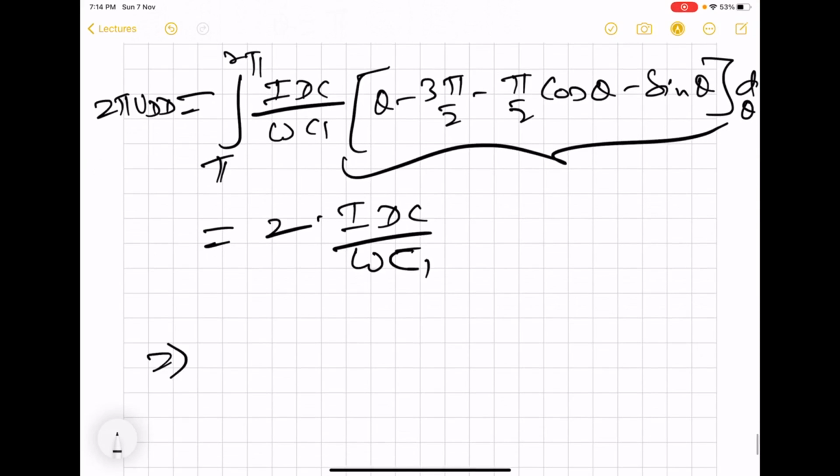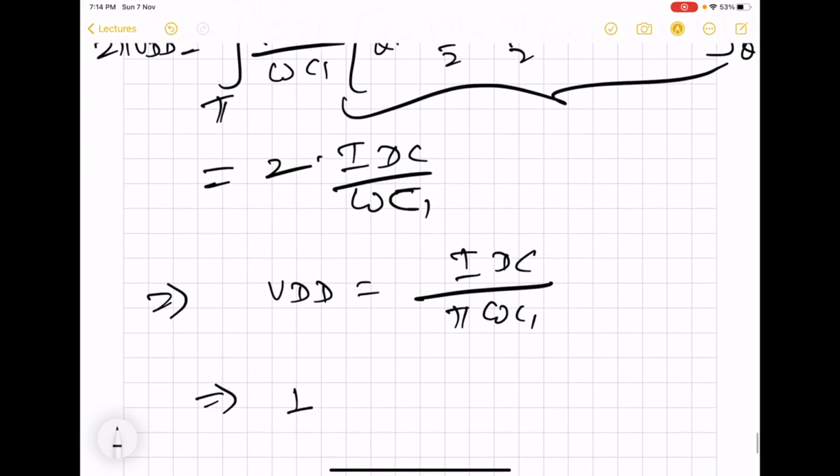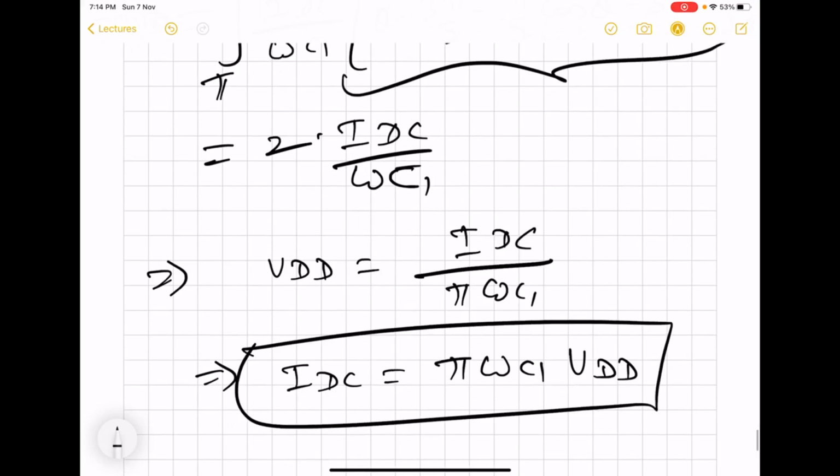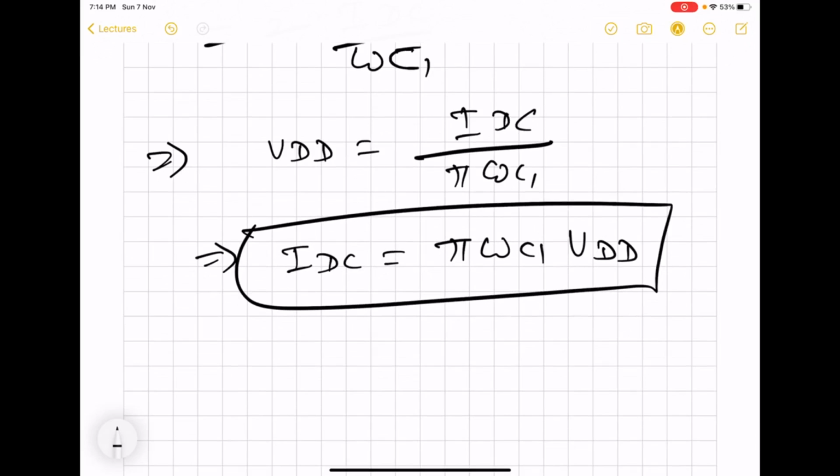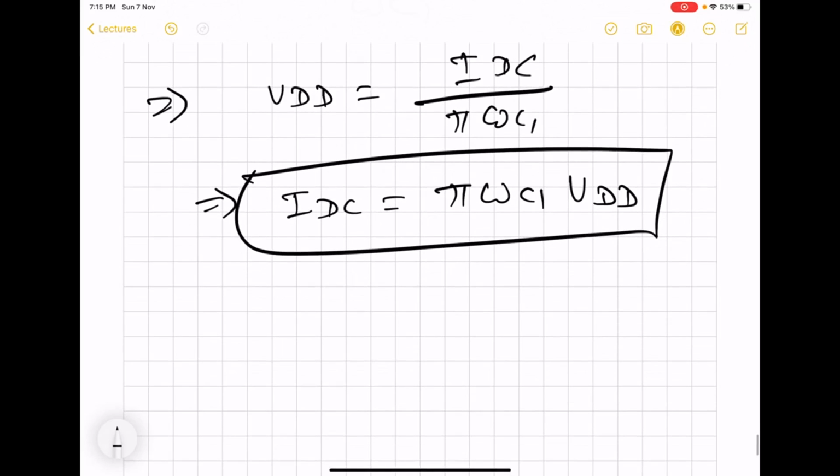So what we see is VDD is equal to IDC by pi omega C1, or IDC is equal to pi omega C1 VDD. So this completes the finding of the third unknown IDC.